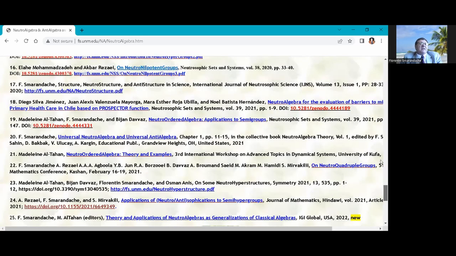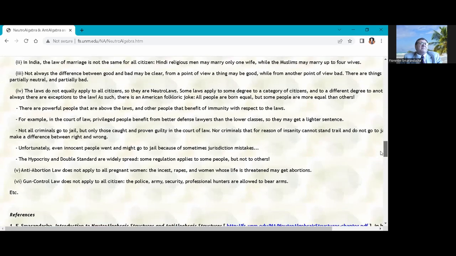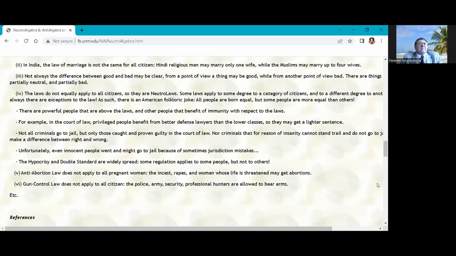So in our everyday life, for example, the laws do not apply with the same degree to all citizens, to all categories of citizens. There are powerful people that are above the law. There are people that are immune to the law.